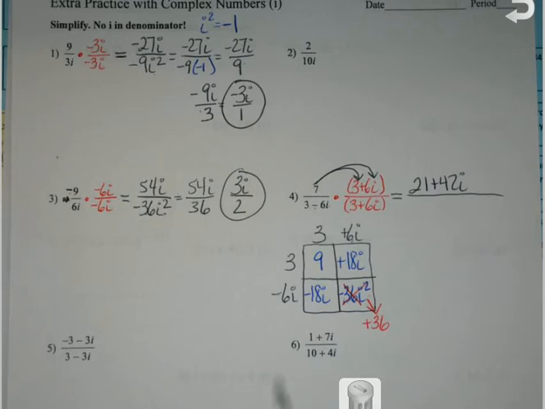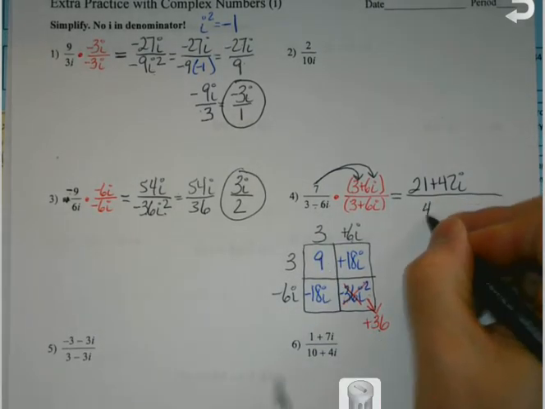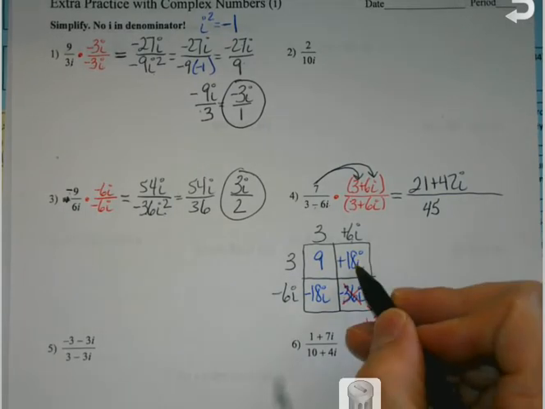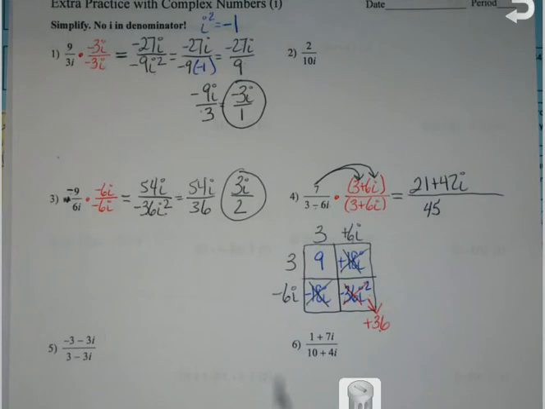And so then I look and I go, okay, 9 plus 36 is 45. 18i minus 18i just cancels out. I don't have any i in the denominator. Woohoo! But again, one little option.